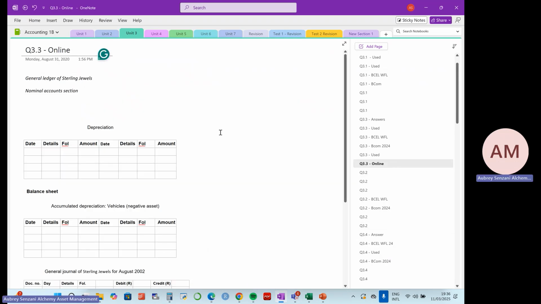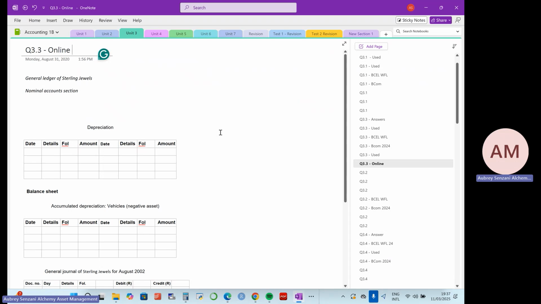So here we are, Learning Unit 3, question 3.3. Let's rock and roll. Under the required, it says prepare the depreciation and accumulated depreciation accounts in the general ledger of Sterling Jewel CC for the financial year ended 31 August 2008, but also 2009.